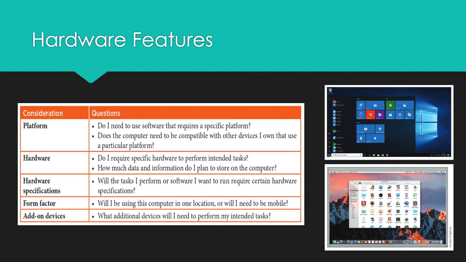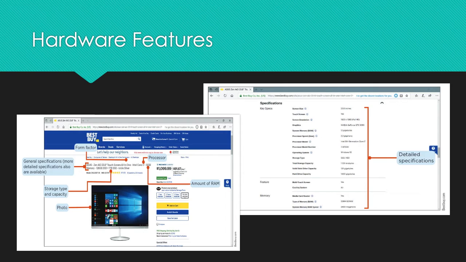You need to have the requirements so that the software can run on the hardware. Over here we see an example on Best Buy. If you go to Best Buy, it will tell you the processor speed, the storage space, the RAM and the price. Most importantly, the price. And to go into detail, you can see the specification.